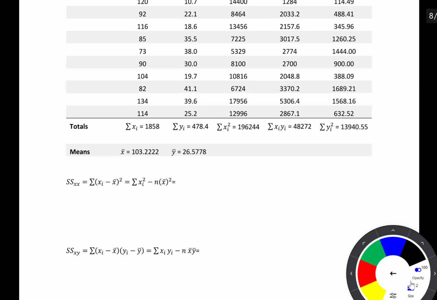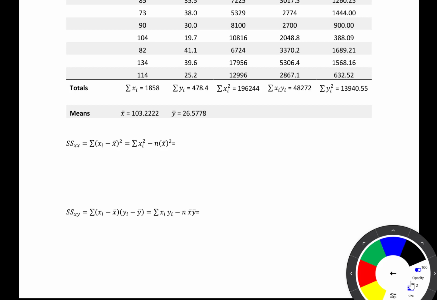So the first two pieces of information we need to get are the sum of squares of xx and the sum of squares of xy, and we have those different formulas listed here, and so we can just fill in those values.